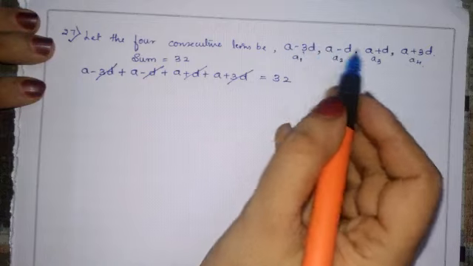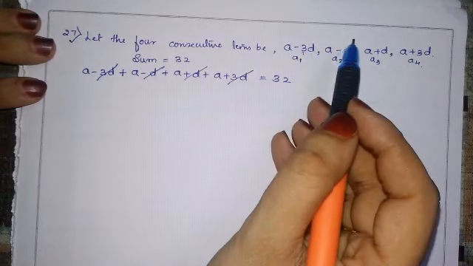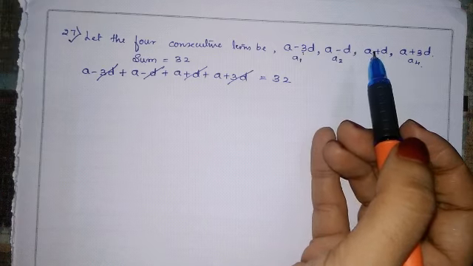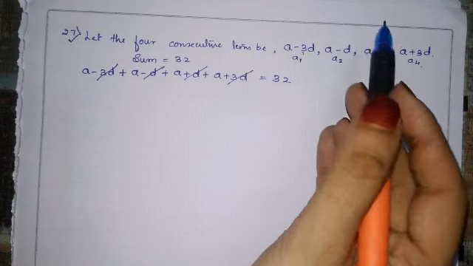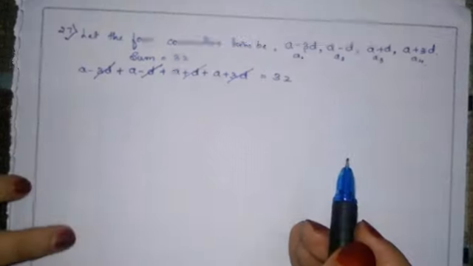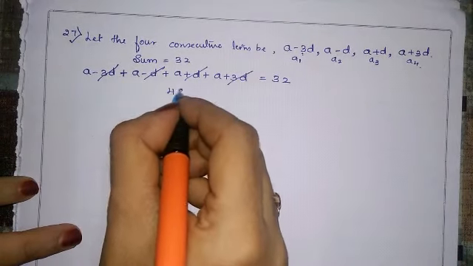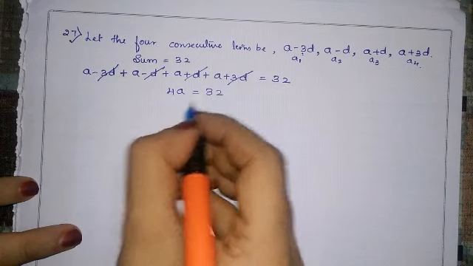For 4 terms we should always take this: a − 3d, a − d, a + d, a + 3d. And for 3 terms we take a + d, a, a − d. So here 4a is left, equals 32.